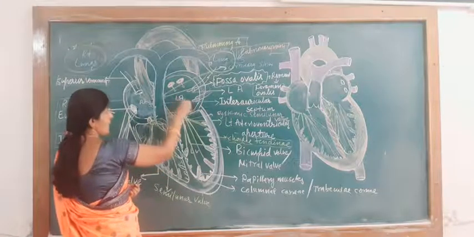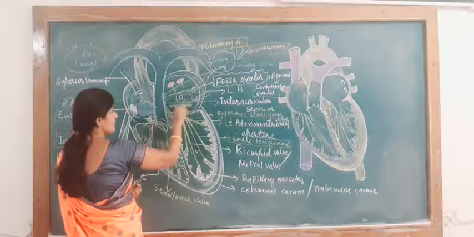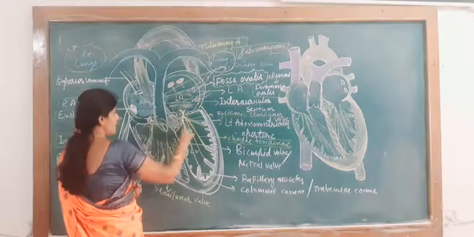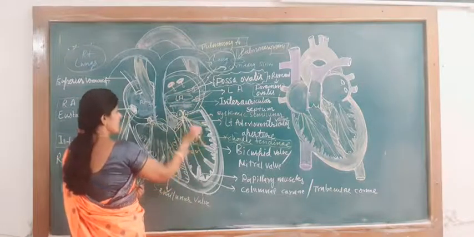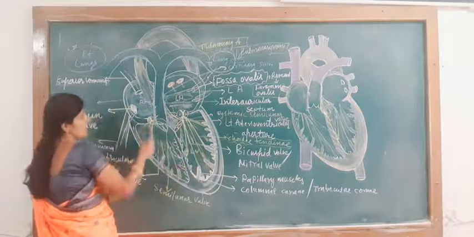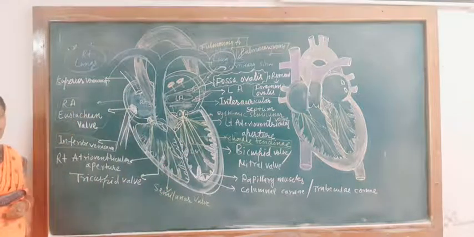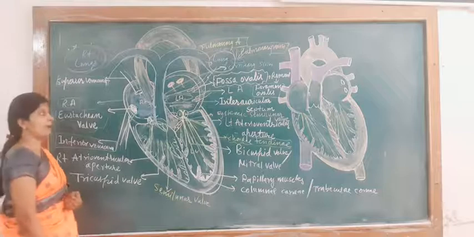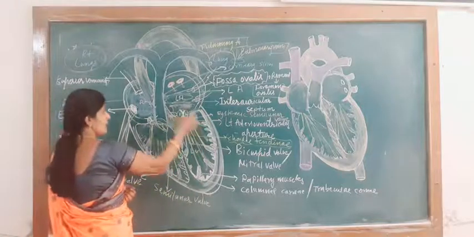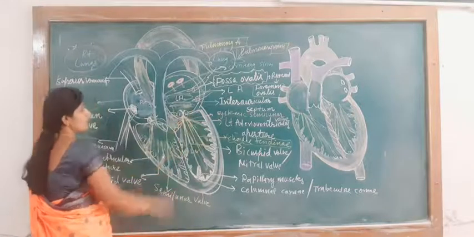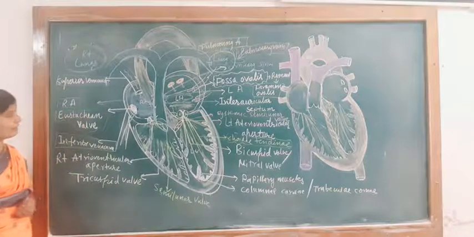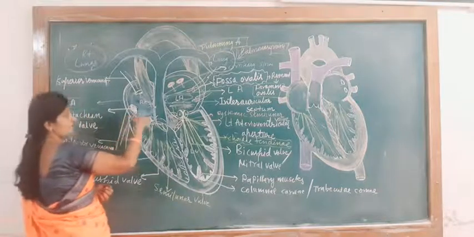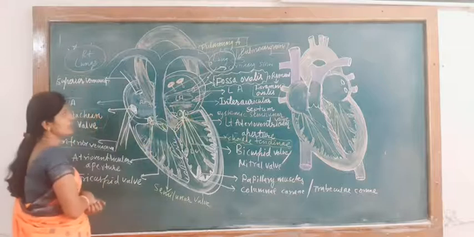And that oxygenated blood passes from the auricle to the ventricle. This means the two right side chambers have deoxygenated blood, and the two left side chambers have oxygenated blood. Here deoxygenated, here oxygenated blood is present.